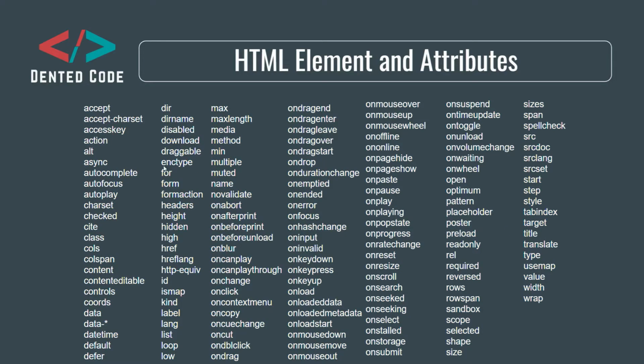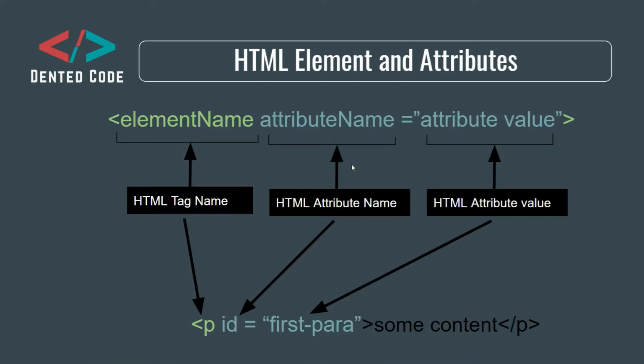We will go through most of these as we build up the pages. You don't have to remember all of them, but for your reference I put most of them here. So let's look at an example of how you can use elements and attributes together. As you know, the attribute name equals the attribute value inside the opening tag.